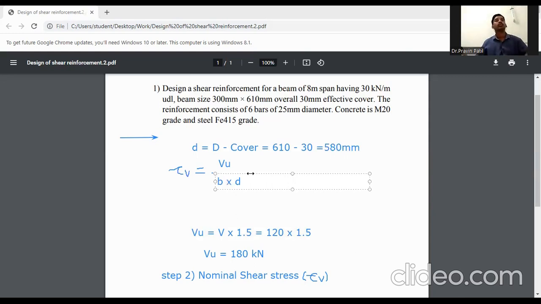Okay. So VU factored shear force it is 180 kilonewton. Convert it in Newton, 10 raised to the power 3, divided by B it is 300 mm and effective depth it is 580 mm.